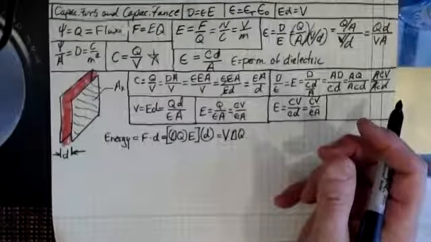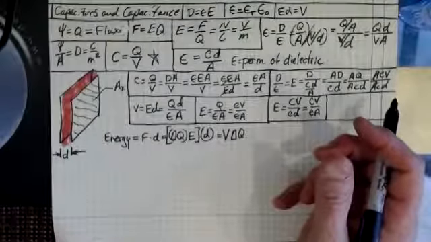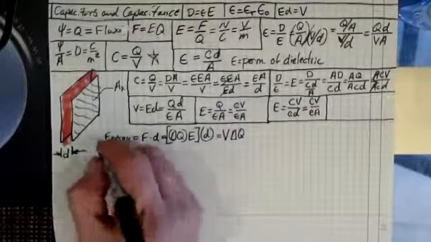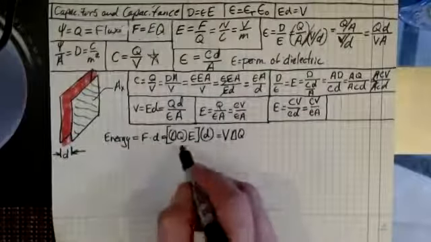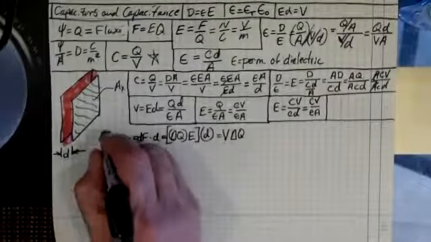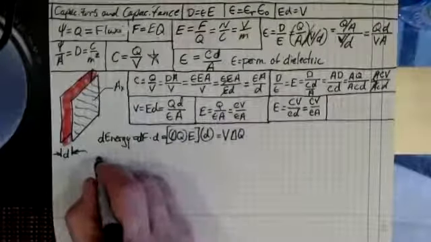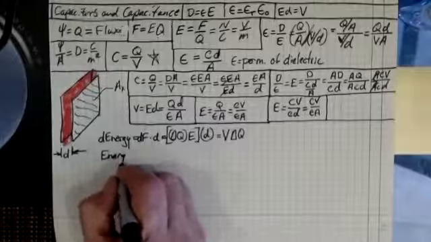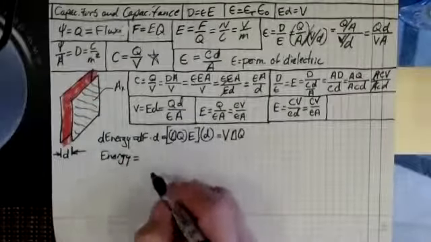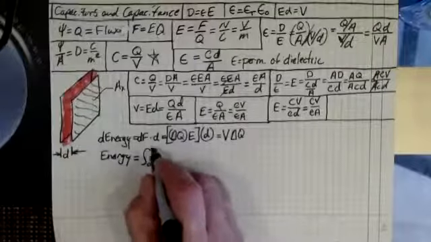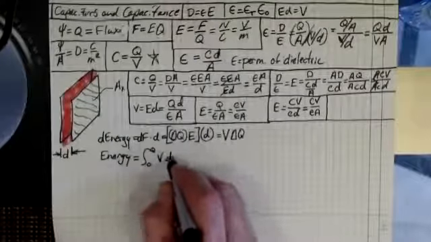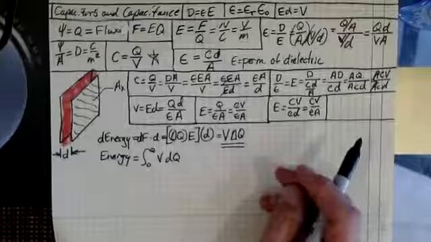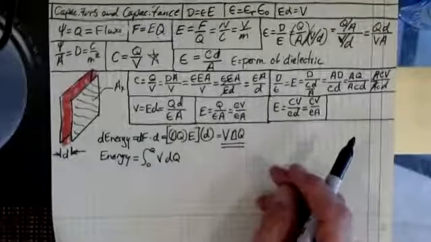What I've got here is just a differential amount of energy, and what I want to look at is the total energy. So I'm going to integrate this from 0 to Q of V dq. Isn't that what I've got here, V dq? So that's what I'm going to do.